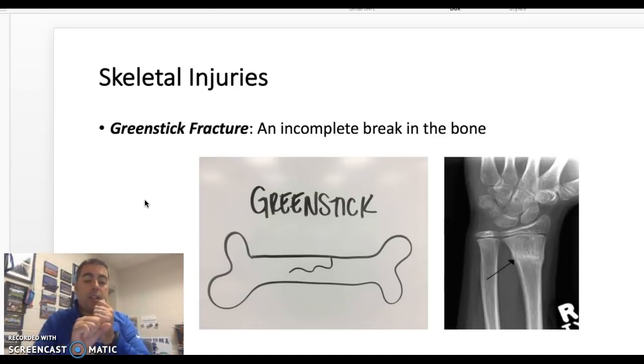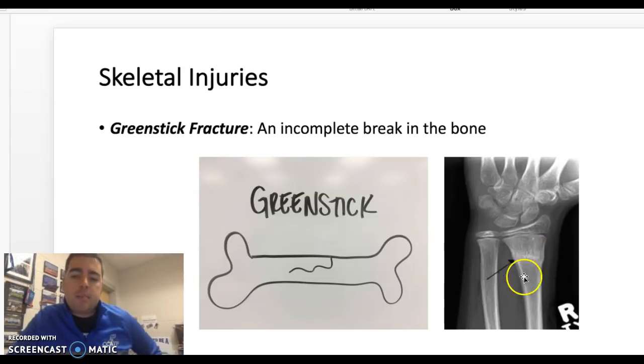So this is actually fairly easy to set back. They kind of have to put it back into place, and they set it. I have heard, I've done some research to say that sometimes these require screws or plates to set the bone back, and so it's in line. Okay, so that's an incomplete break in the bone.